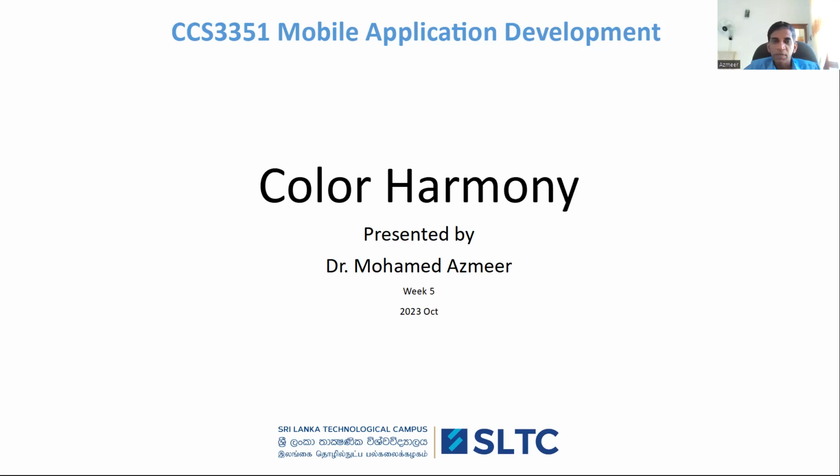So we need to understand what the best practices are in getting these colors properly organized so that your mobile app looks beautiful, user-friendly, and more than anything, it has consistency. You can't be having different colors in different screens. You can't have a different color than the logo, for example, or corporate colors. So we need to be very careful about selection of these colors.